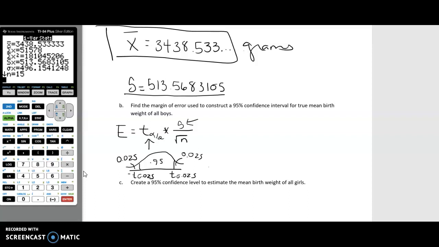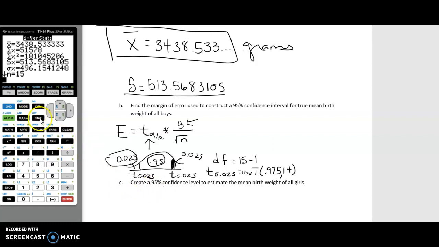To calculate that inverse t, you have to have the area to the left. The area to the left of this critical value is you add the two areas: 0.025 and 0.95. That's 0.975. And degrees of freedom is 15 minus 1, so 14.